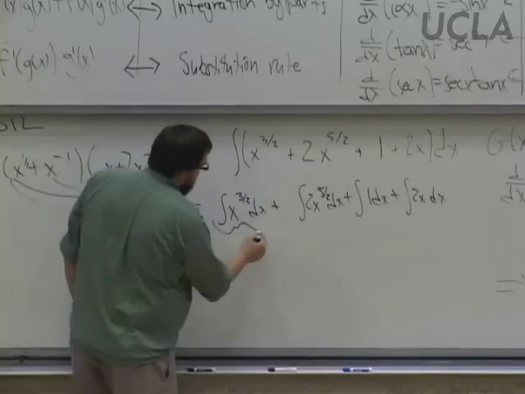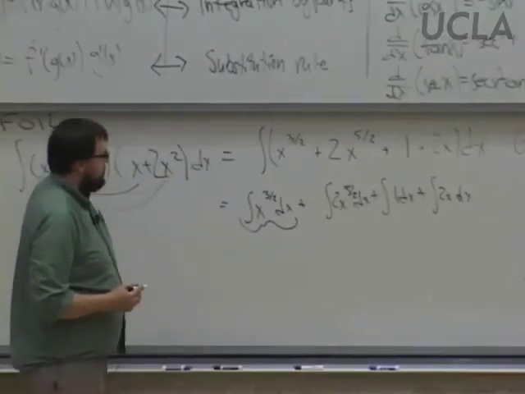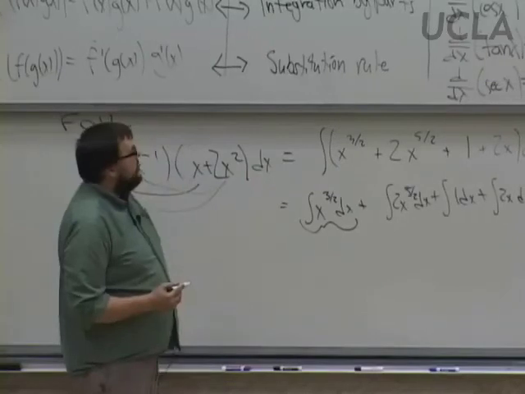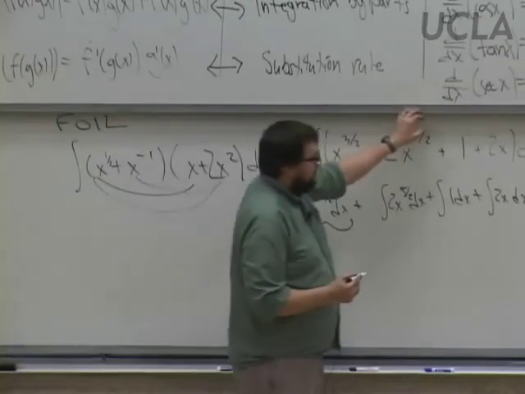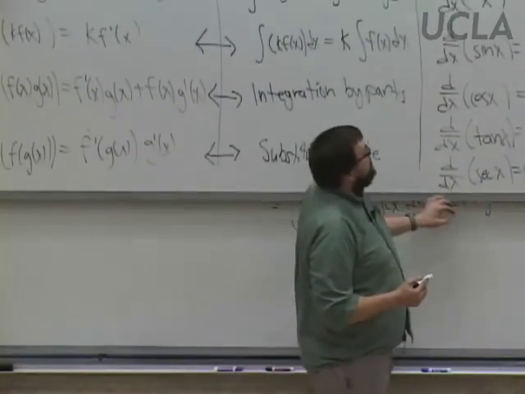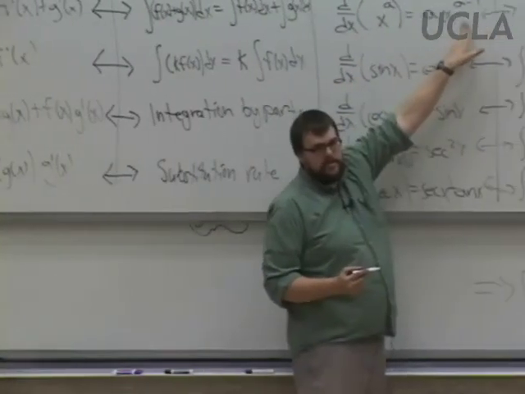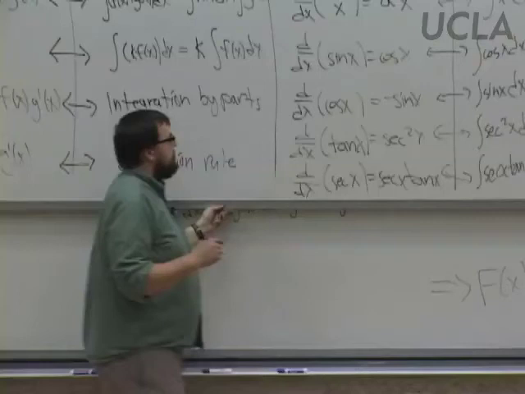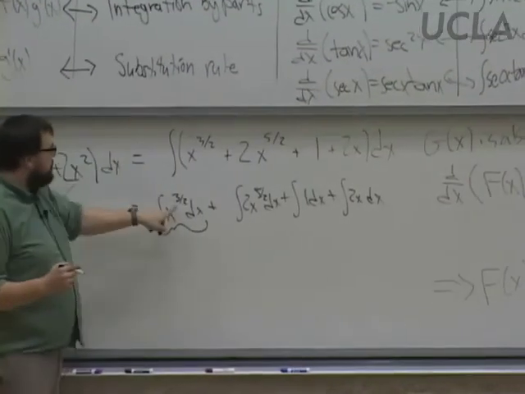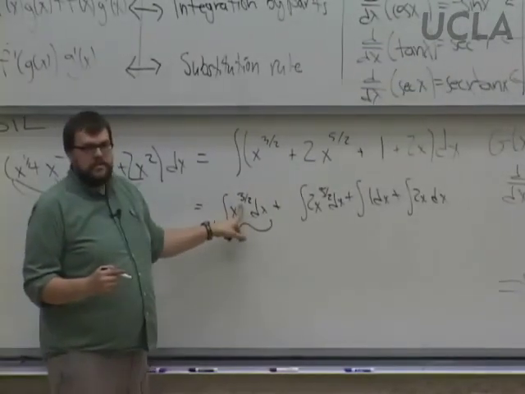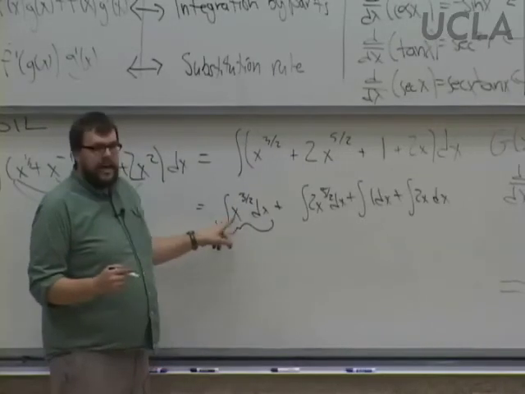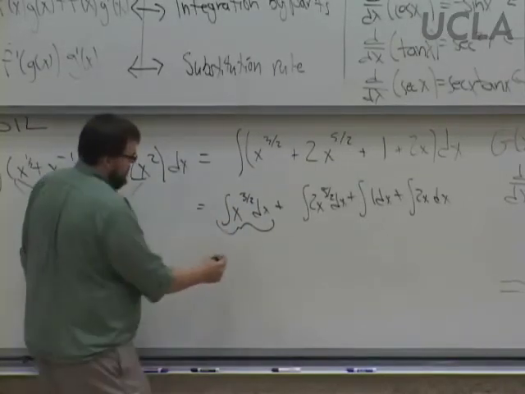So what's the integral of x to 3/2 dx? Before, when we talked about derivatives, we said the derivative of x to the a is you bring the a down and subtract 1 from the power. Now it's the opposite: you take the power and add 1. We start with x to 3/2, add 1, and get 5/2.